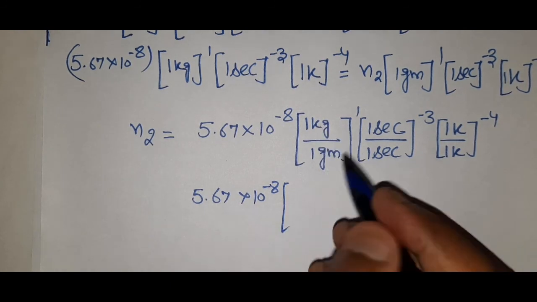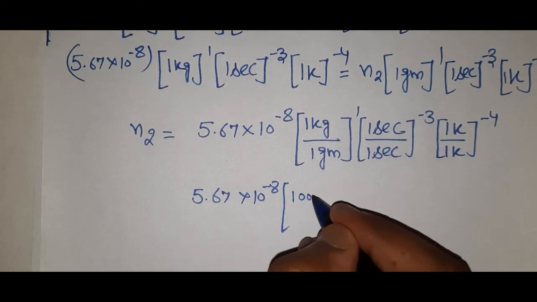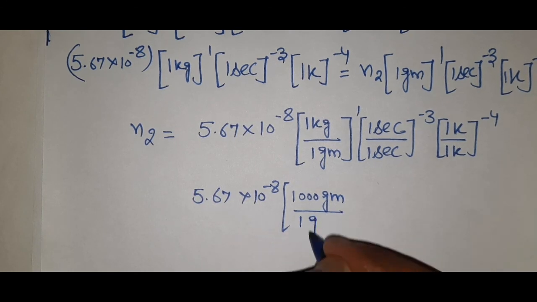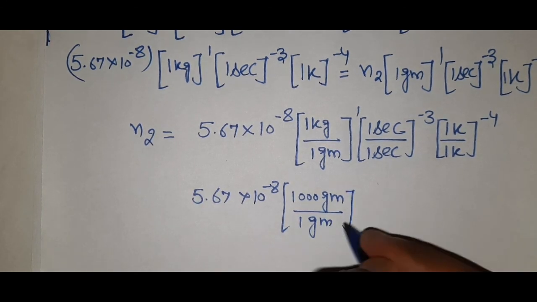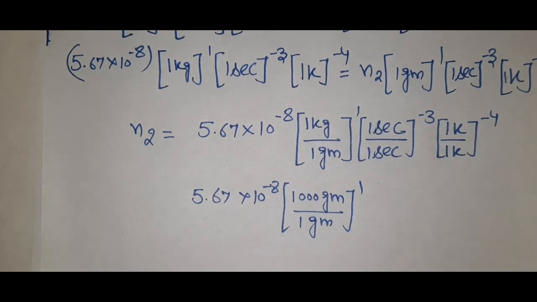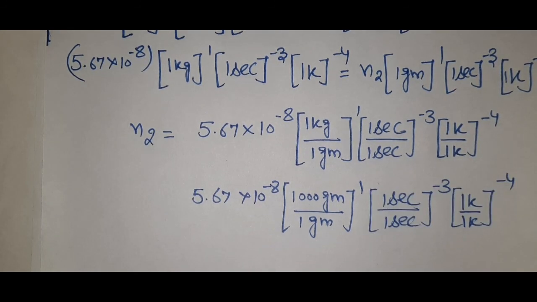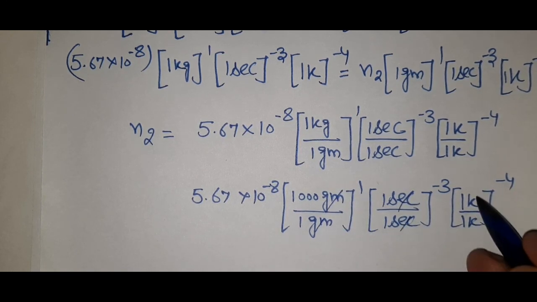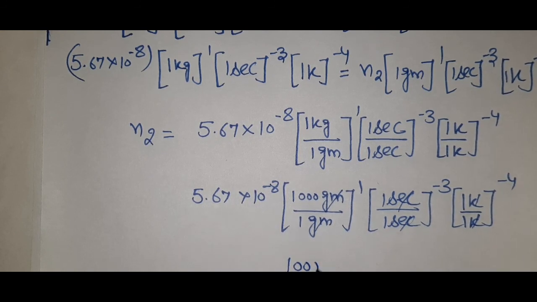Now 1 kg will be 1000 grams over 1 gram, raised to 1, rest all same. Now gram gone, second, Kelvin. Here we are getting 1000 raised to the power 1, so it will be 1000.